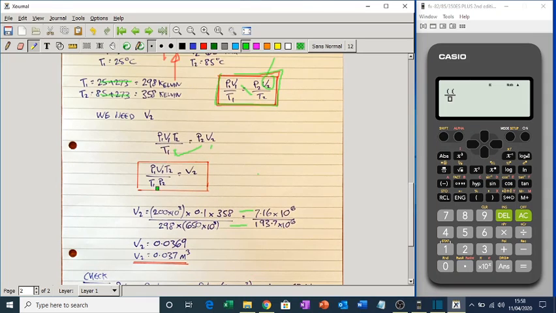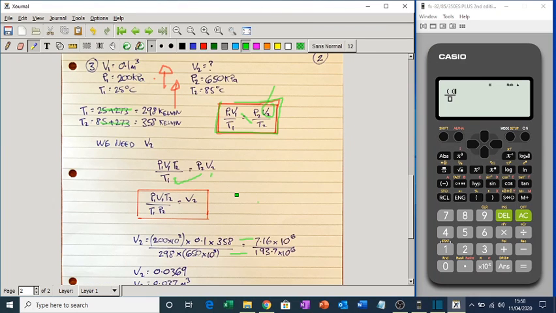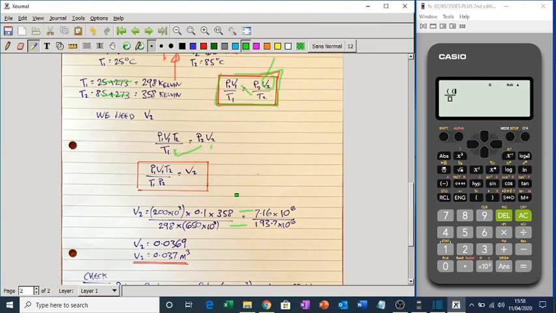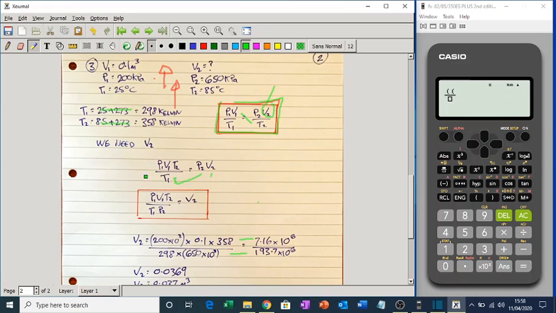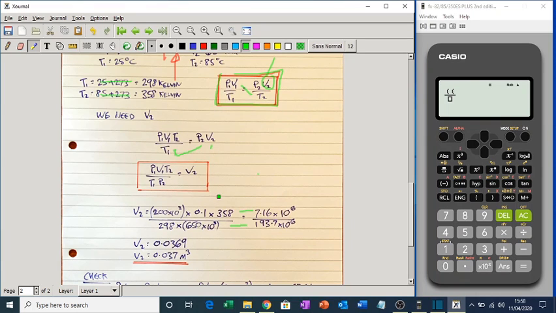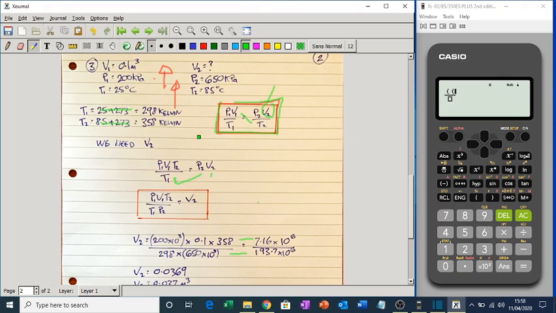T1 is 85 in Kelvin, yes. 358. Hang on. What have I done? 85, 358, yeah. And T1 is 298. Panic then. So T1, P2 is that. So all in one go.